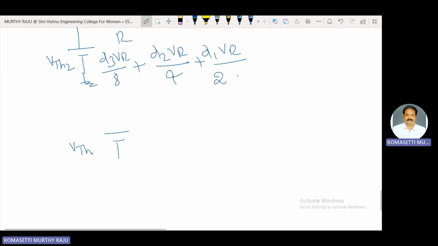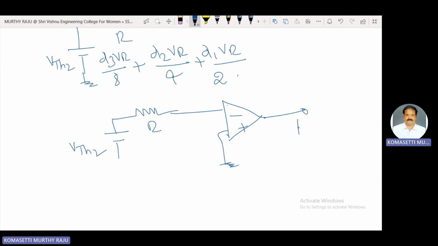This one is VTH2, R. This one is the op amp, minus and plus, connected to this terminal. V0. This one is RF.